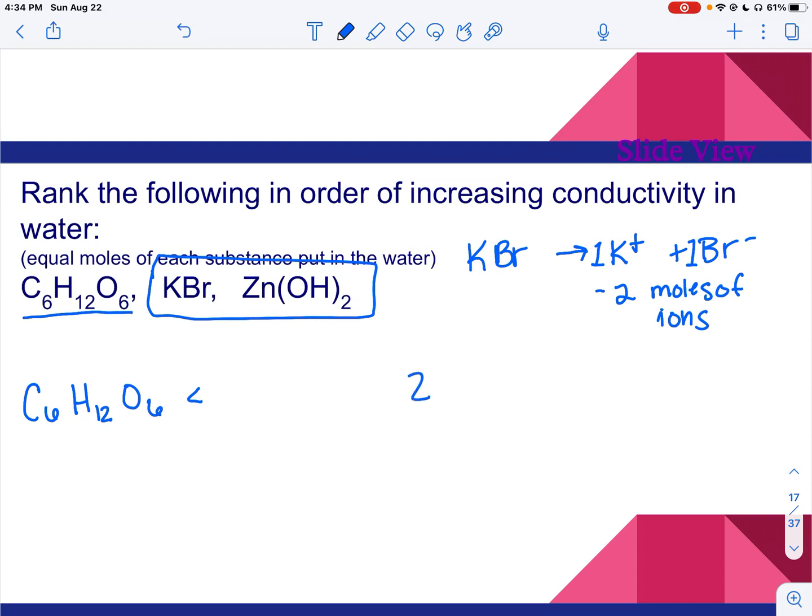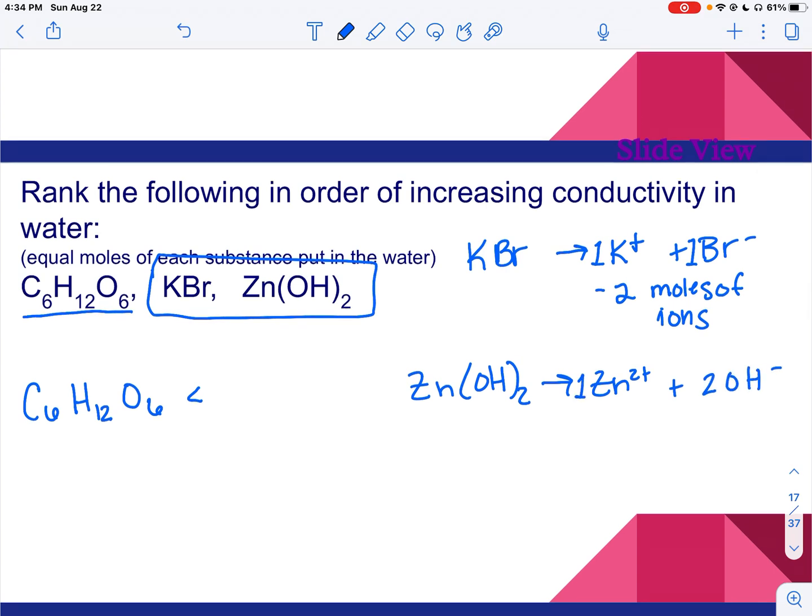Zinc hydroxide, we're going to assume is soluble for purposes of this problem. It's going to break up into Zn2 plus and 2OH minus. So we have a 1 here and a 2 here. So that means we have 3 moles of ions.